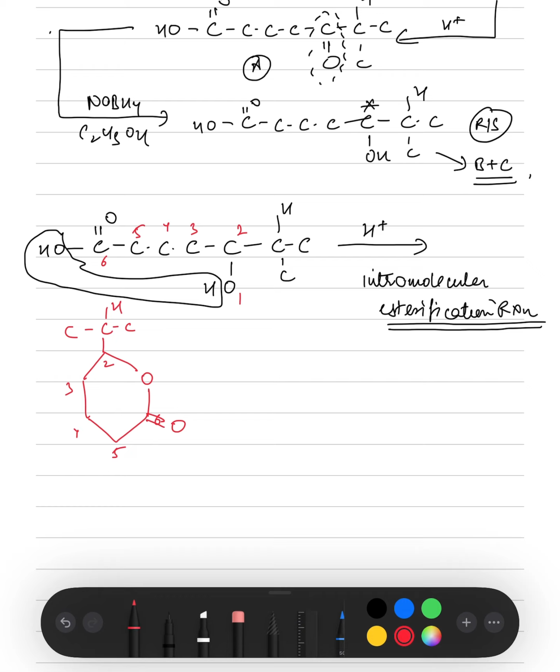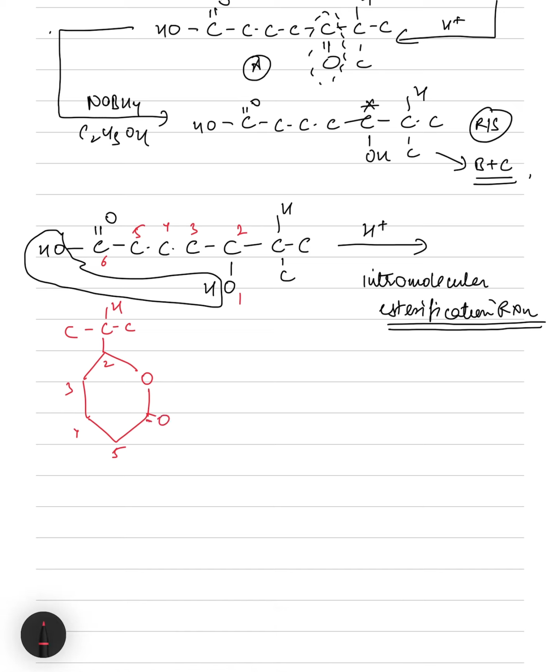Now if you look at it, it is a kind of cyclic ester, right? The cyclic esters are also called lactones. Lactone is the common name for cyclic ester, right?